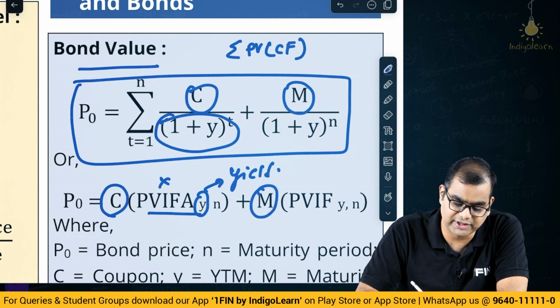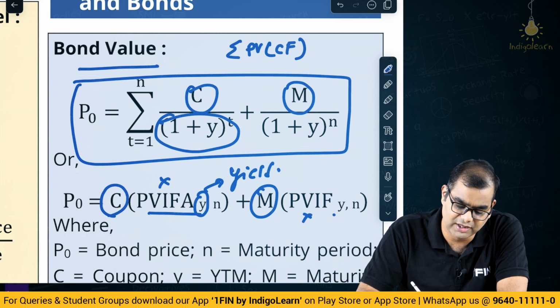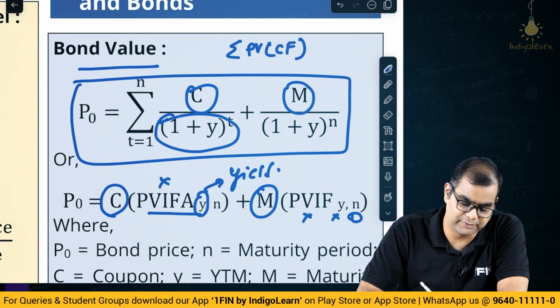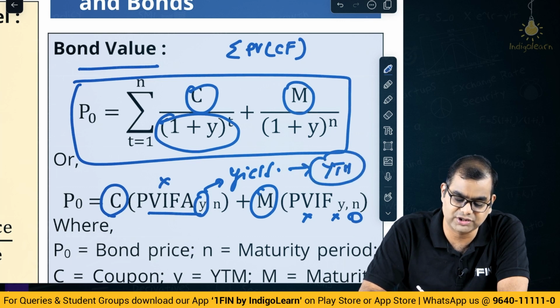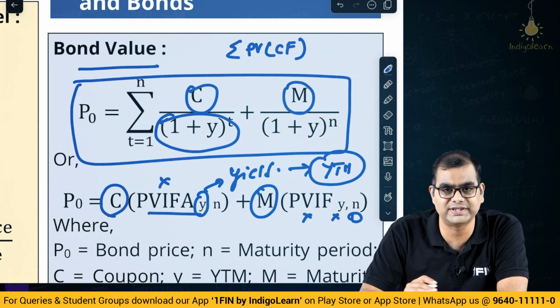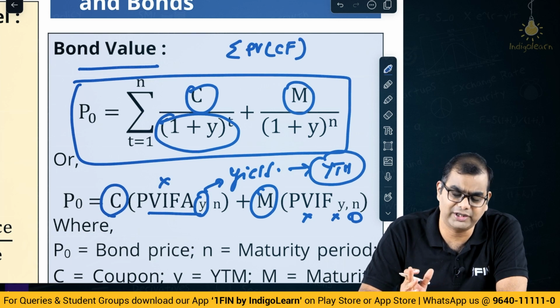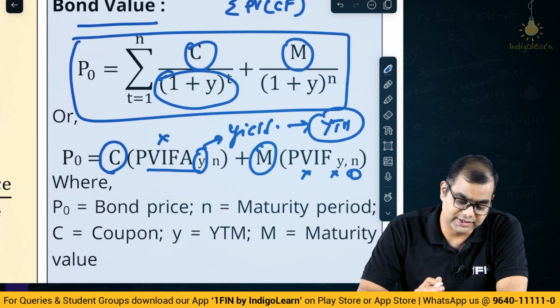And next is the maturity value, into the present value interest factor, specifically the last year's present value factor for the same yield for the last period. Now here please note, what is this yield? This yield is known as yield to maturity, or YTM, or just the word yield. All of these are used interchangeably: YTM, yield, or yield to maturity. So this is basically the value of the bond.